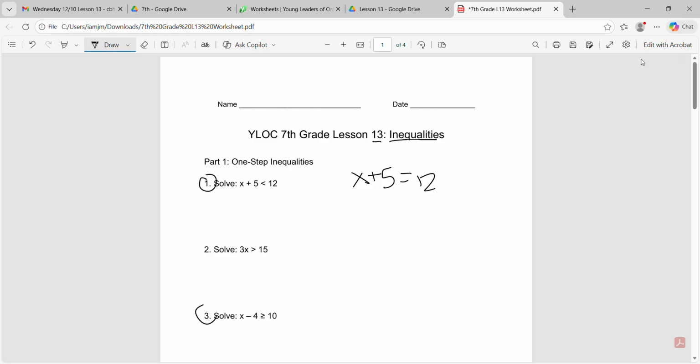However, there is one difference we'll go over later, probably in future lessons. So, x plus 5 is less than 12. Subtract 5 on both sides because you have to leave x alone, and get x is less than 7.